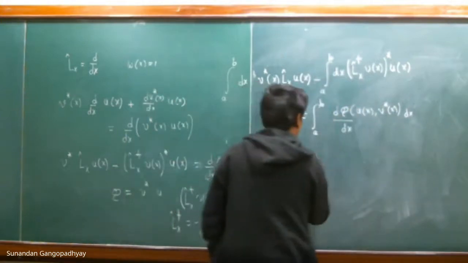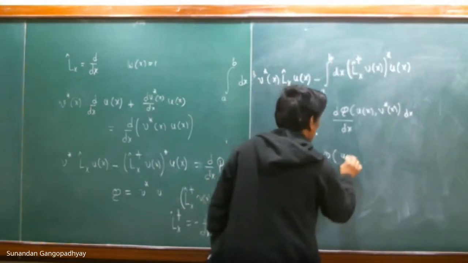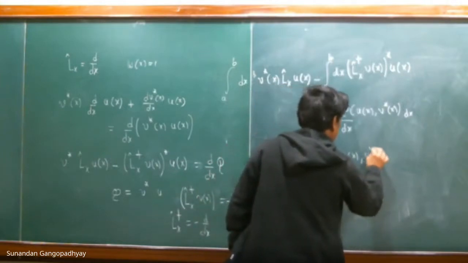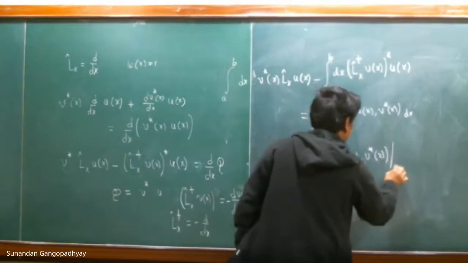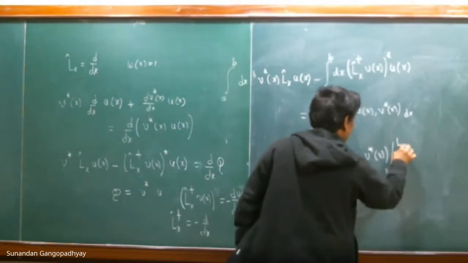So I can straight away integrate this and you will get q(u, v star) from x equal to a to b.